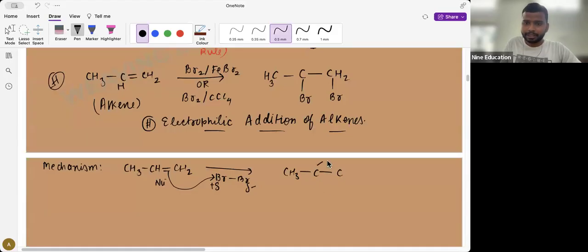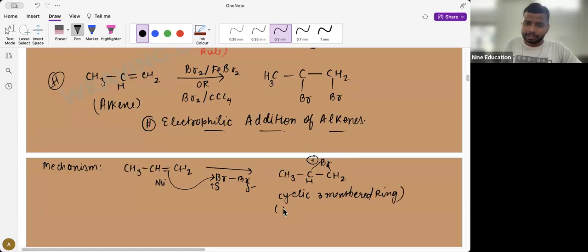तो यहाँ पर del positive का करके यहाँ पर if it attacks, it makes here a cyclic bromonium ion. है ना. यहाँ पर ये एक cyclic ब्रोमोनियम आयन बनाता. यहाँ पर दिस डबल बॉन्ड के साथ ये 3 मेंबर रिंग कहते हैं इसको, साइक्लिक 3 मेंबर्ड रिंग बनाता.